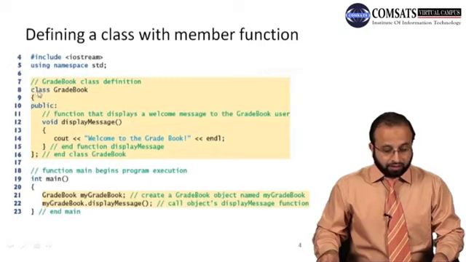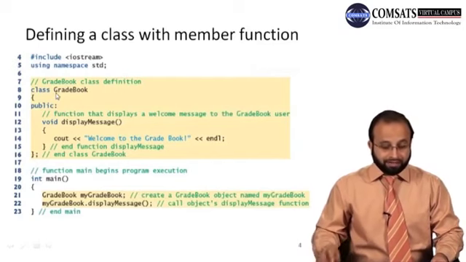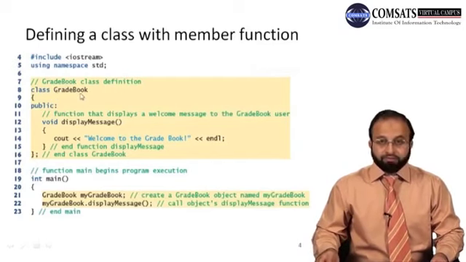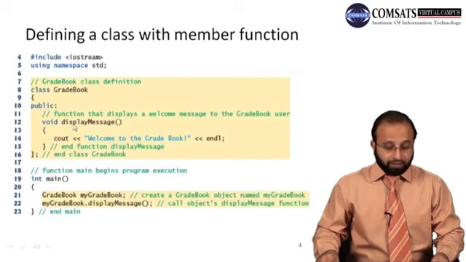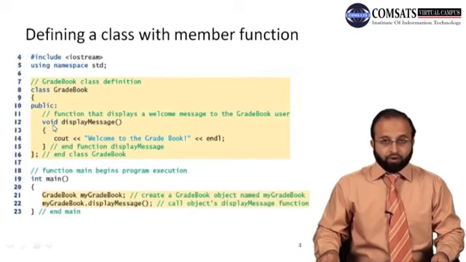Class is the keyword in line number 8. The name of this user defined class is GradeBook, and there is one public function inside it. You can easily recognize that this is a function. displayMessage is the name of the function, and the return type of this function is void.